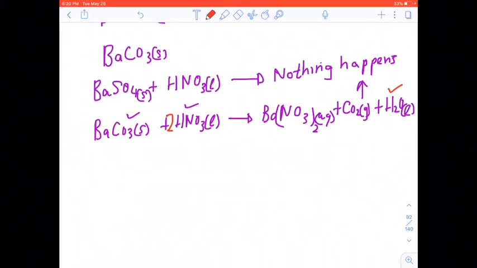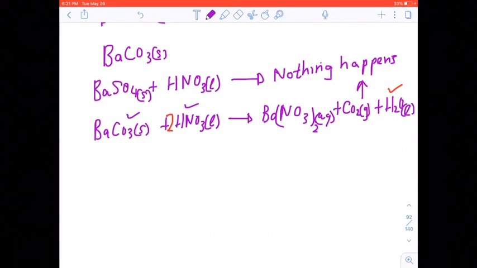Now, if we want to have a look at the ionic equation in this situation, which we can, but since it is not a precipitation reaction, I will not do the ionic equation for this, right?